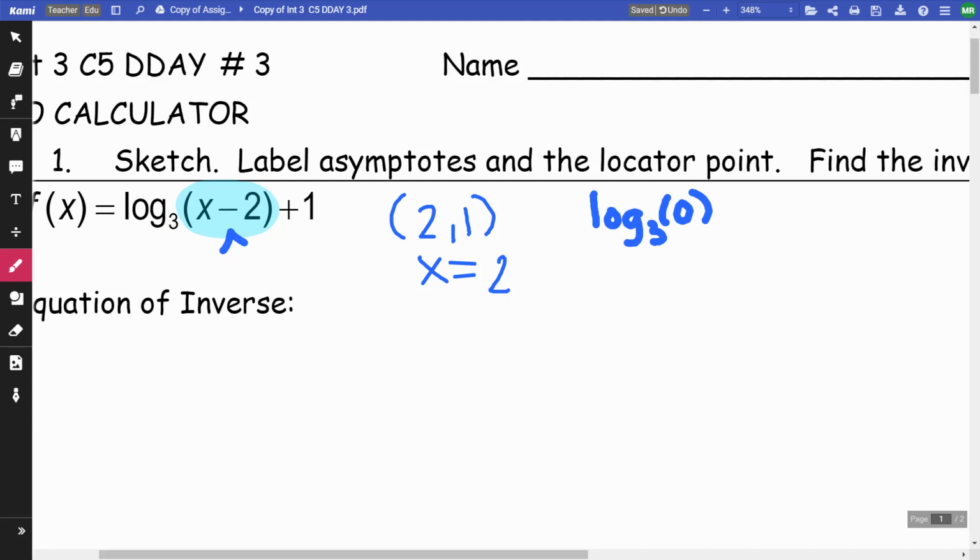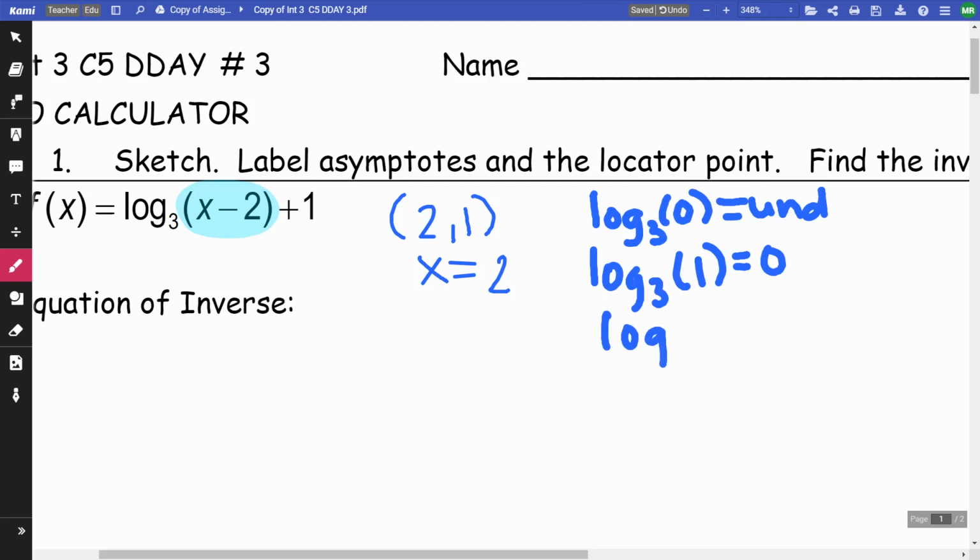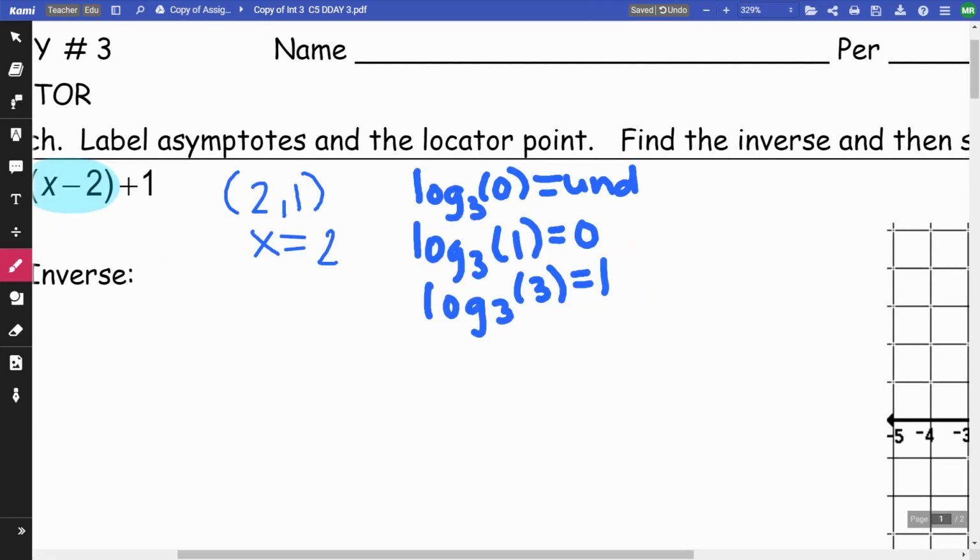That's why there's an asymptote at 2. Log base 3 of 1 would be 0. Log base 3 of 3 is 1. And the next nice one would be log base 3 of 9, which is 2.